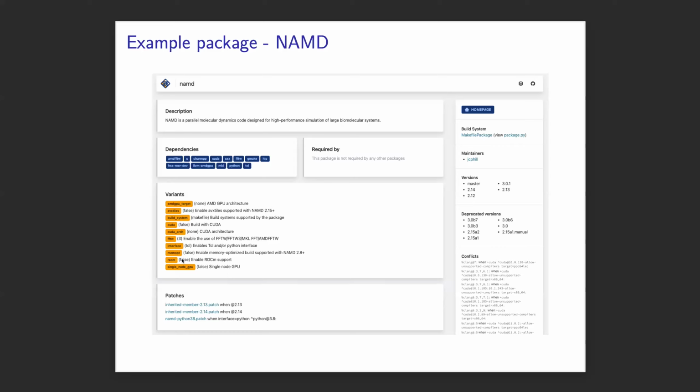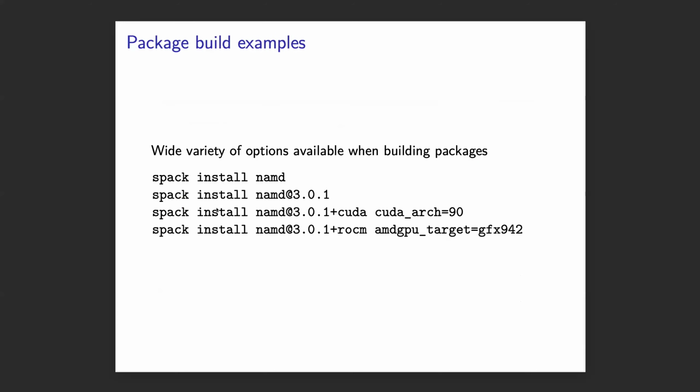And there are also some other things you can tweak. For example, the type of GPU you are targeting. Are you targeting an H100 or an A100? So you can specify the architecture. So essentially, looking at the Spack page, you can find out which variants of the software exist and how you can tell Spack which one to build.